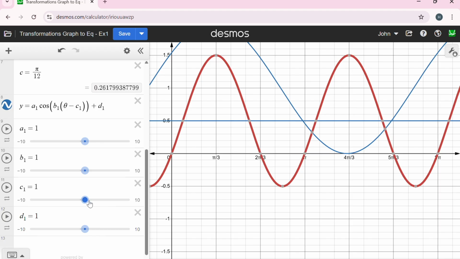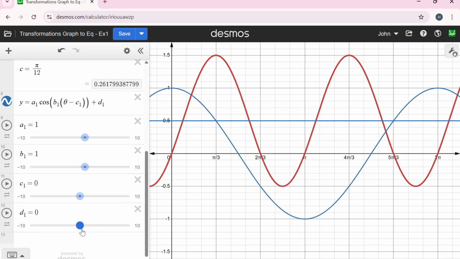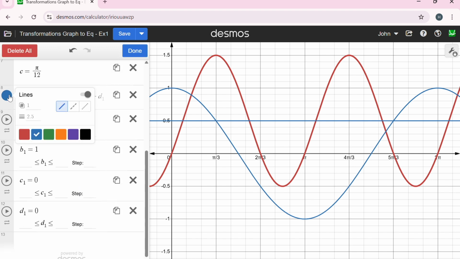Let me just zero all this out. No phase shift, no vertical translation, A equals 1 and B equals 1. Okay, and let me change the color of this so it's a bit more obvious. Let me go green. Yeah, green's a good color. Okay. All right.